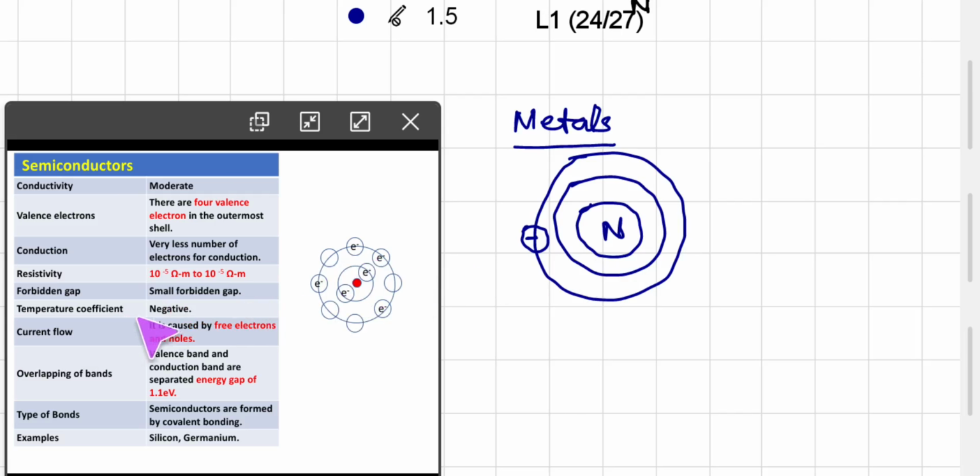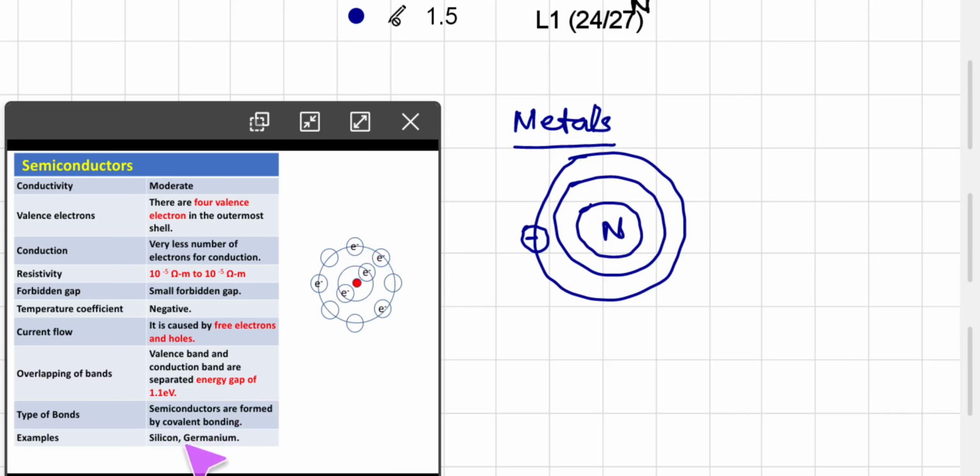Its temperature coefficient is negative and the forbidden energy gap is very small. That means if some energy is given to these electrons, they may jump from the valence band to the conduction band, and that energy gap is 1.1 volt.